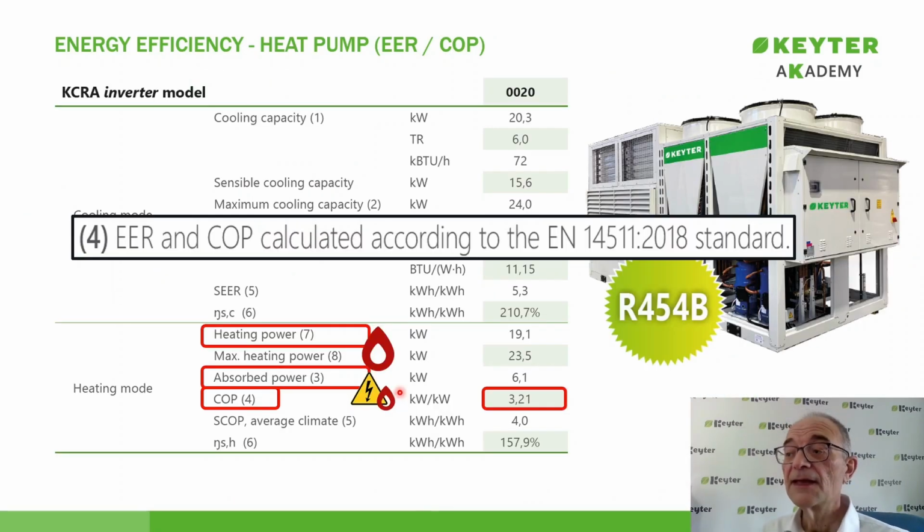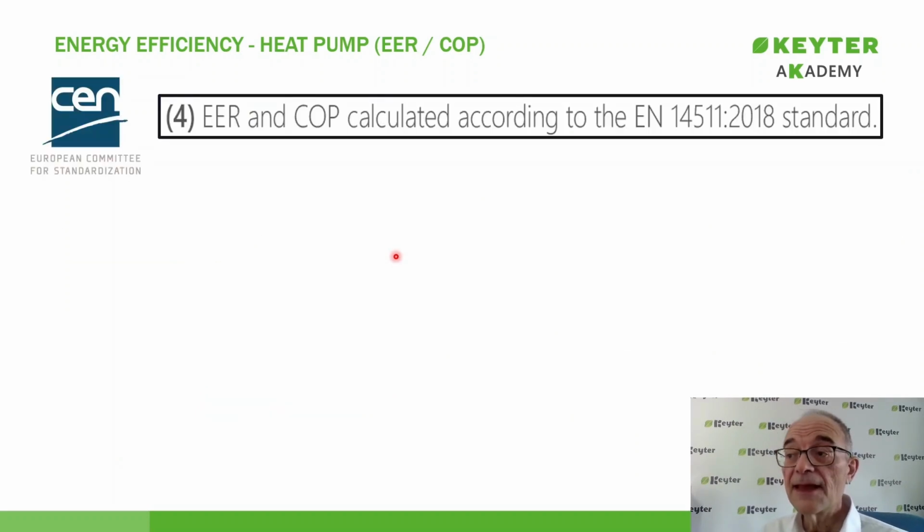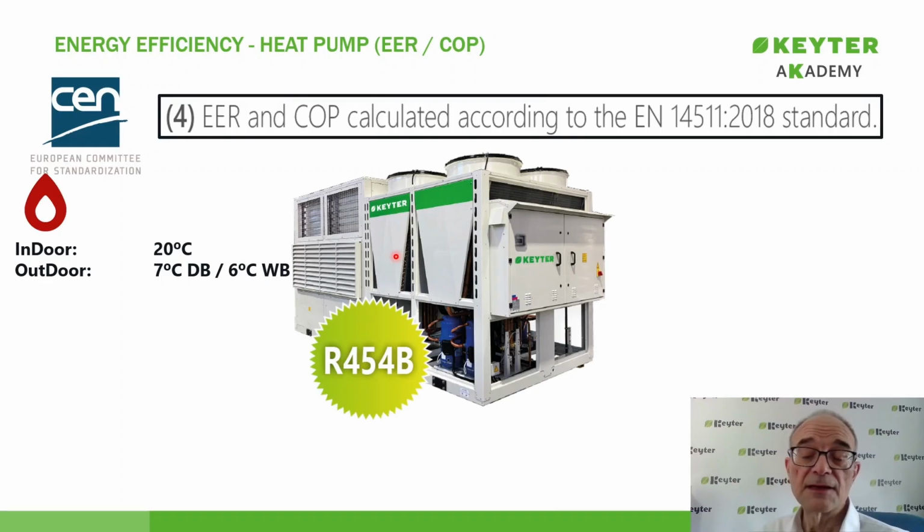All right, now that we indeed possess both the delivered power, which is quite important, as well as the power consumed, we could calculate the COP. And how is the COP calculated? Well, according to note 4, which is the same as before, the EER and the COP will be calculated according to EN 14511. How would it be calculated? Well, it's the same thing.